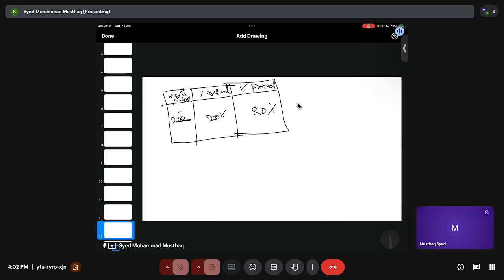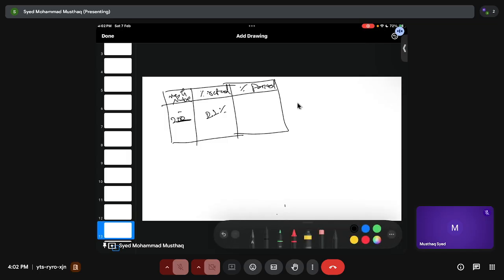What about if my percentage passed is less than 80%? Let's say it is 22% retained, so it will be 78% passed, right?